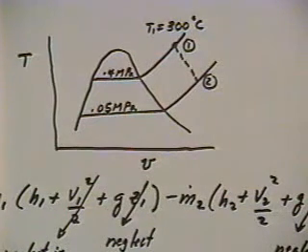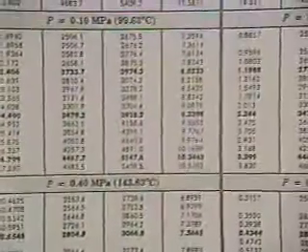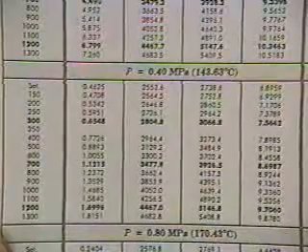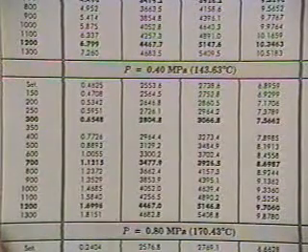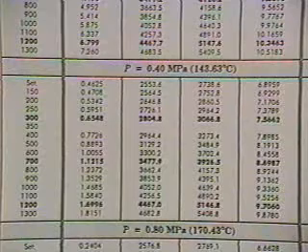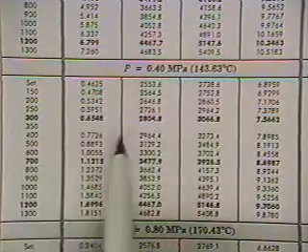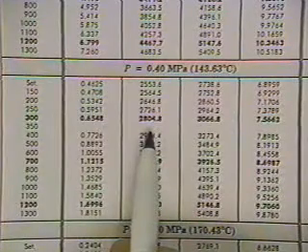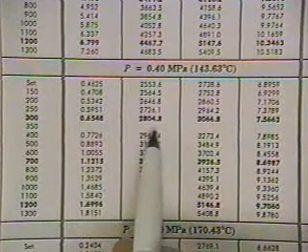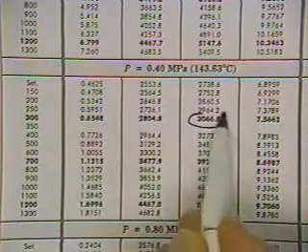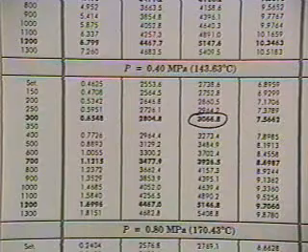Now if we go to the steam tables to find the initial conditions, and again these are steam tables that are going to be difficult for you to read, what we'll attempt to do is zoom in exactly on where we are, and that is at 0.4 of a megapascal and 300 degrees C. We can go in and find the enthalpy at this particular condition at 3066.8.